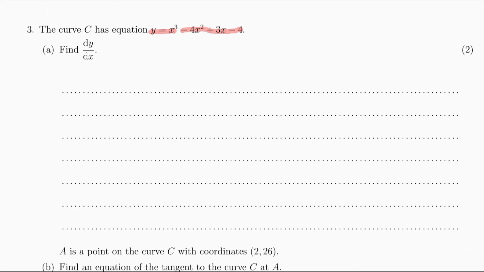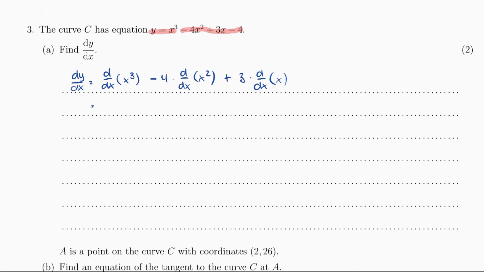So dy/dx is equal to the derivative of x cubed plus the derivative of negative 4 times x squared, which is the same thing as negative 4 multiplied by the derivative of x squared, plus the derivative of 3x, which is the same thing as 3 multiplied by the derivative of x, plus the derivative of negative 4. And the derivative of any constant is 0, and therefore we won't write this down.